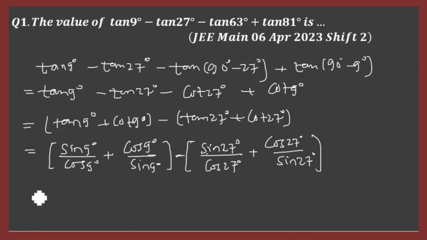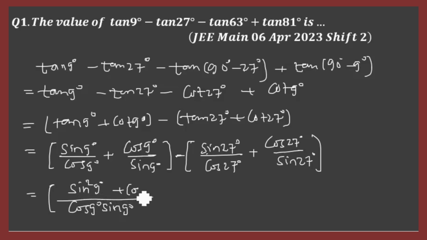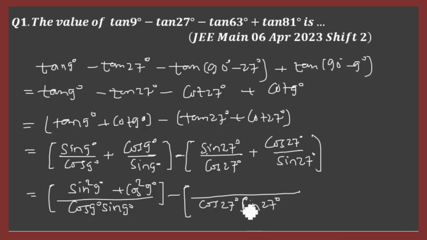Now I will take the LCM here for this bracket, so this is cos 9 and sin 9, so this will be sin square 9 degree plus cos square 9 degree. For this bracket the LCM will be cos 27 and sin 27, and the numerator will be sin square 27 plus cos square 27.